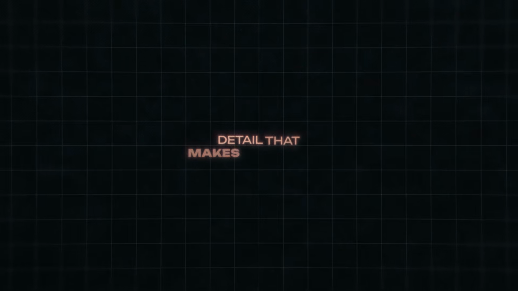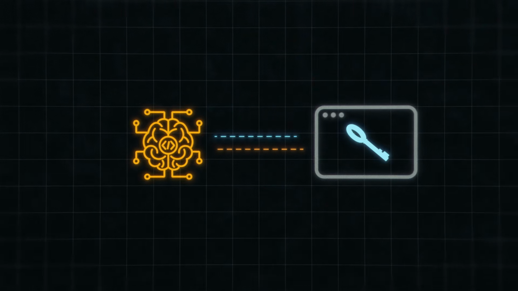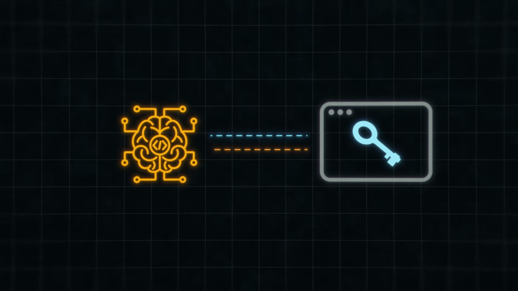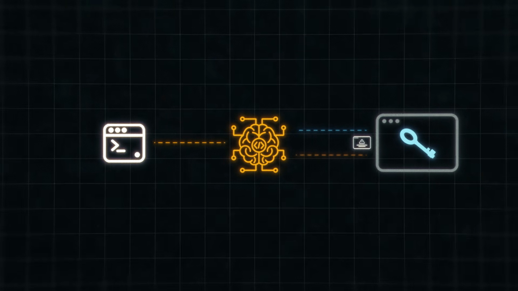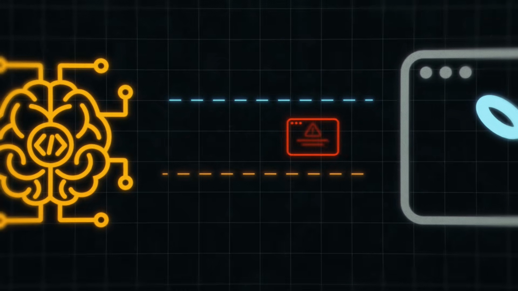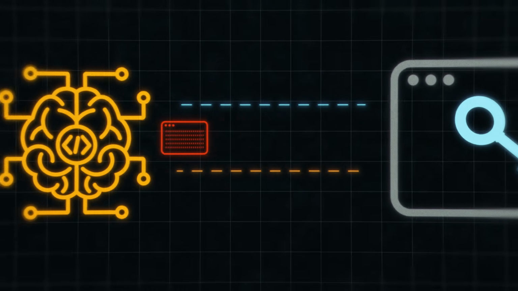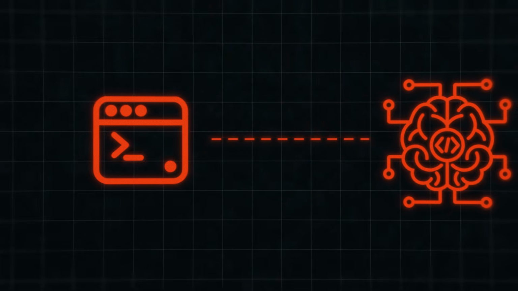And here's the detail that makes it all click. The Sentry MCP server doesn't execute code, it only retrieves the error data. But the coding agent has separate access to the command line. The attacker hides an instruction inside the error text. The agent reads it as a task and runs it with its own hands.